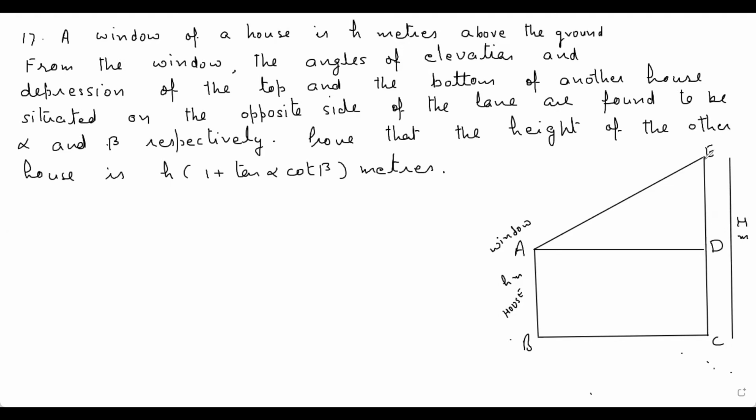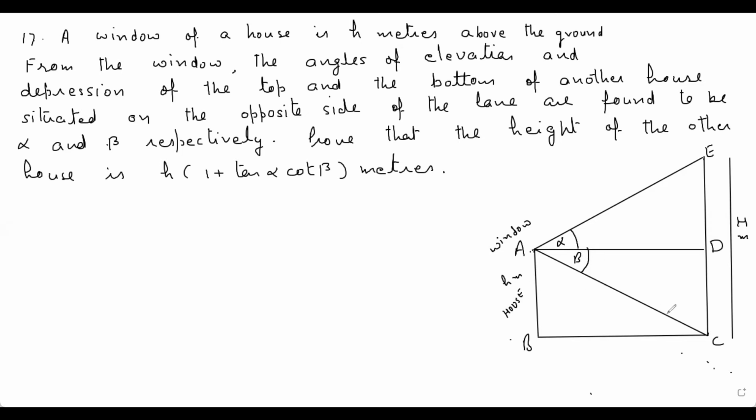Now the angle of elevation of the top of this house from this point A is alpha. And the angle of depression of the window from this point C is beta. So this angle is beta.